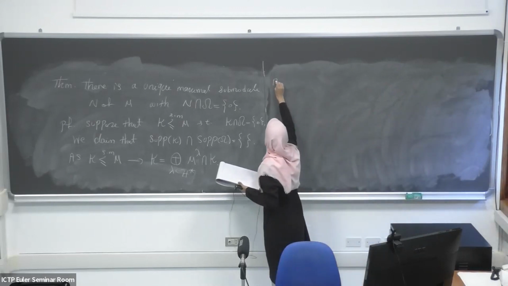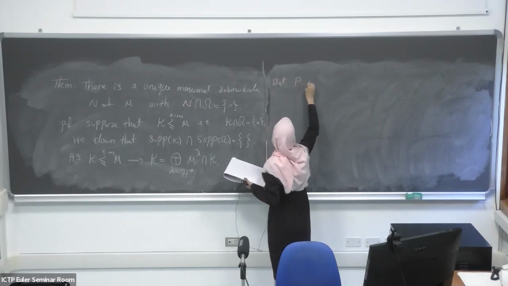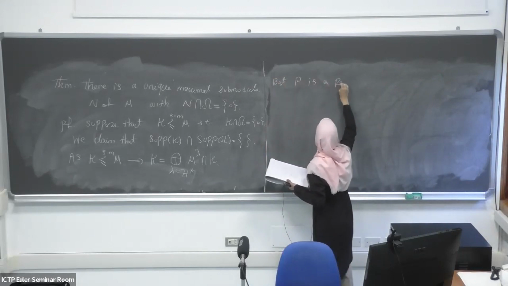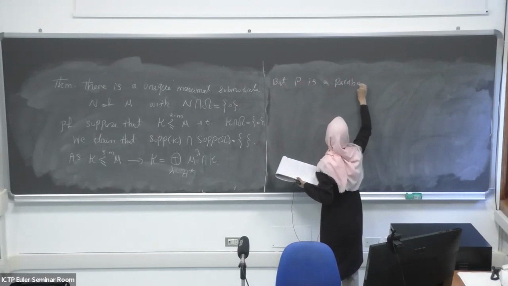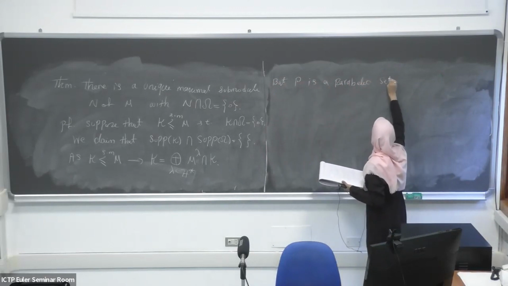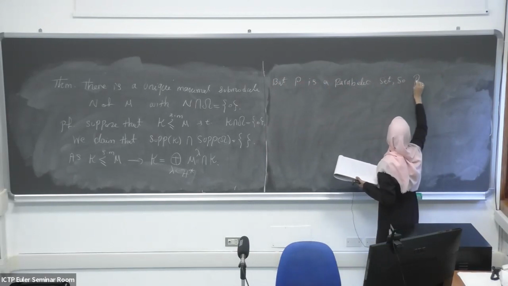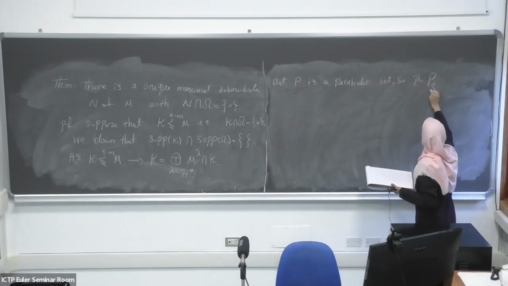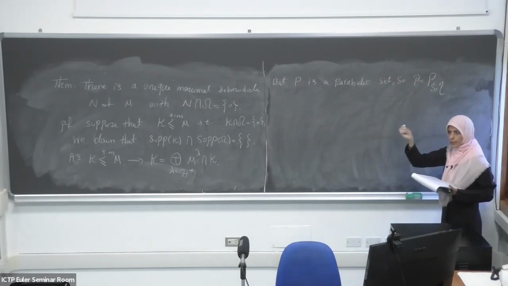But P is a parabolic set. So P equals P zeta eta for some functions.